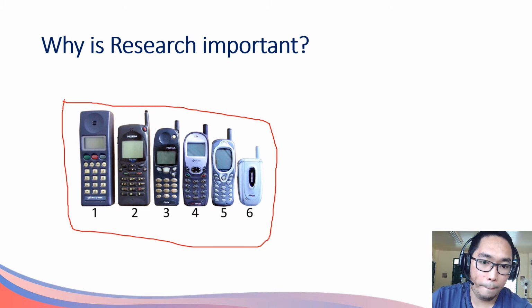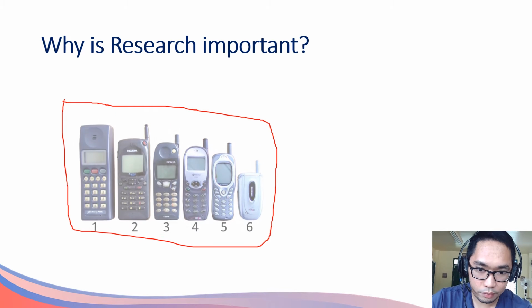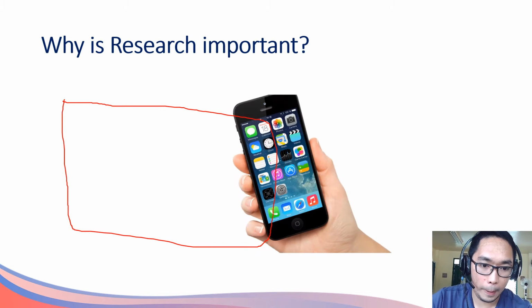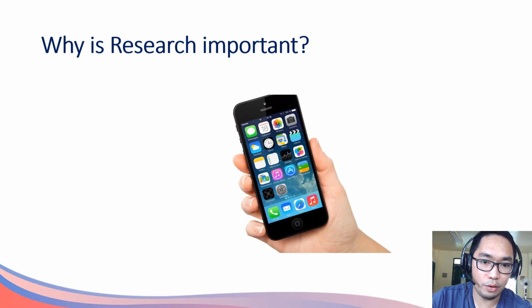No. Now, because of research, engineers came up with this phone. We call this smartphone. Why smartphone? Now, aside from text messaging, this phone can take pictures, no? Meron siyang camera.